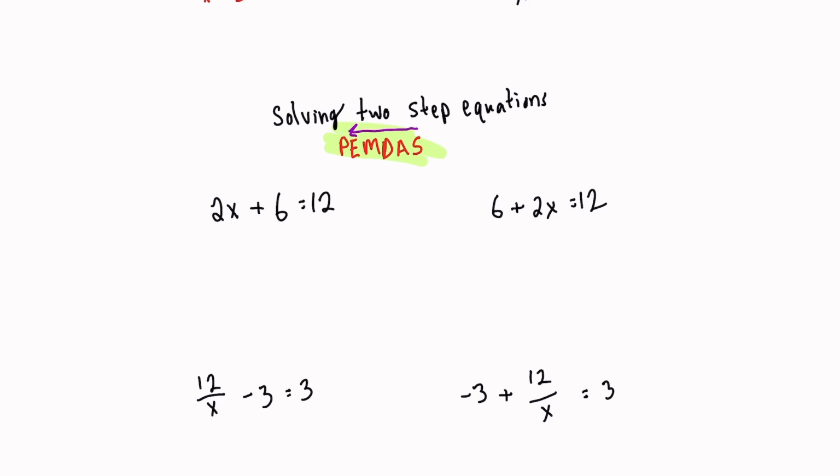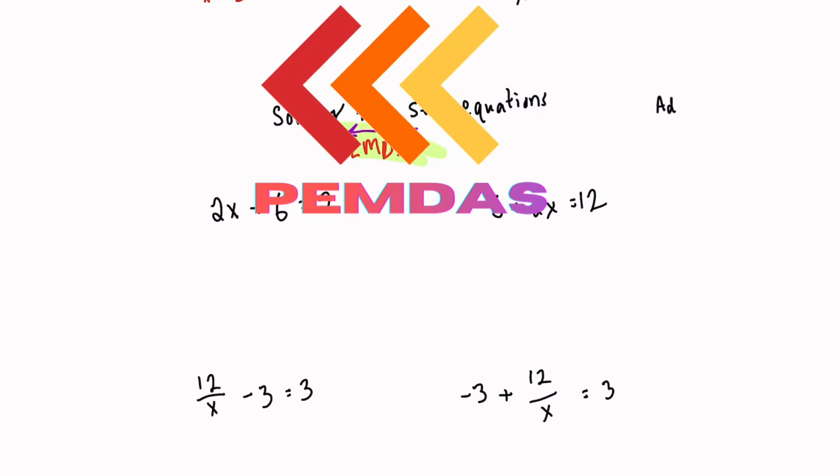Whenever we're solving multi-step or two-step equations, we're always going to do PEMDAS, but in reverse order, meaning we're going to undo addition and subtraction first.